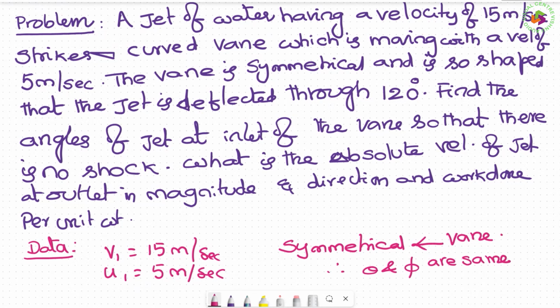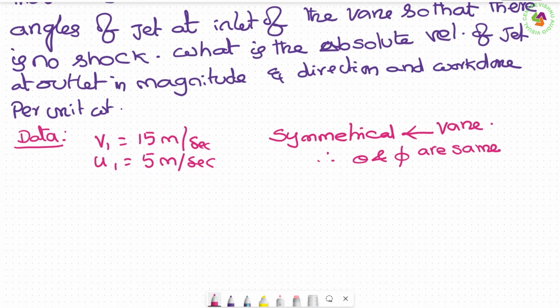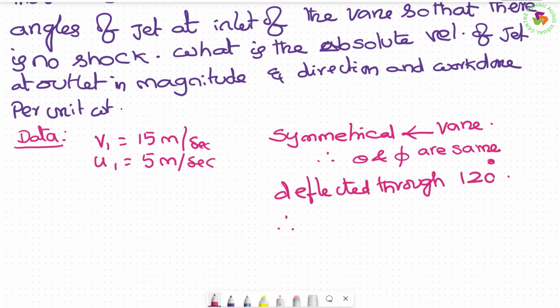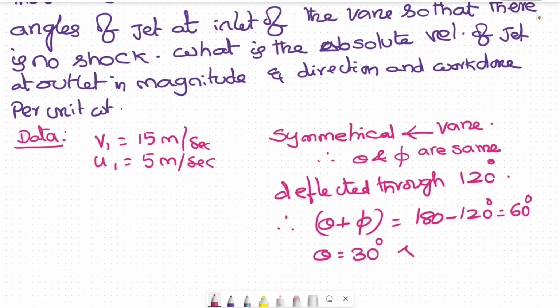The vane angles are the same. So that means it is deflected through 120 degrees. Therefore, theta plus phi is equal to 180 minus 120, which is equal to 60 degrees, or theta is equal to 30 degrees and phi is equal to 30 degrees. This is the first conclusion.